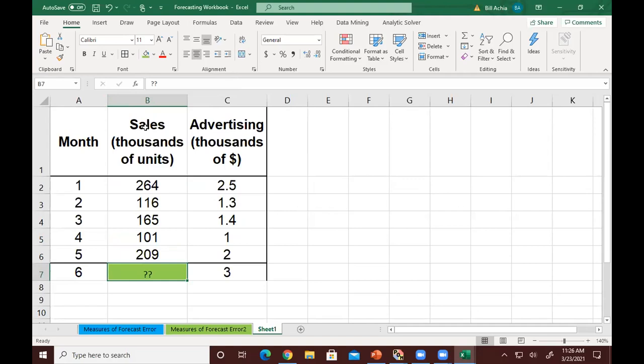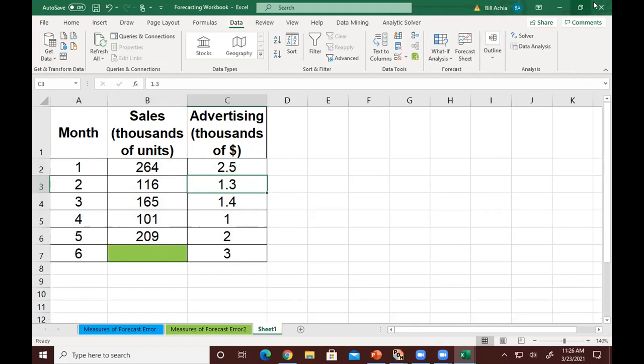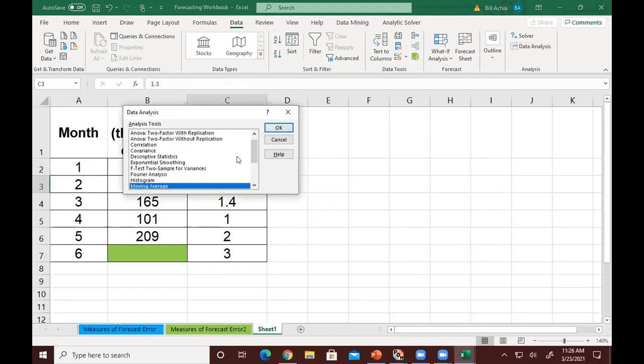I could initially start off by graphing this and trying to see the trend relationship here. But we have tools in Excel that can enable us to calculate this very quickly using the equation of a line formula. So for me to do that, I'm going to go into my Data tab, go to my Data Analysis option at the top, and I'm going to be looking for the regression tool.